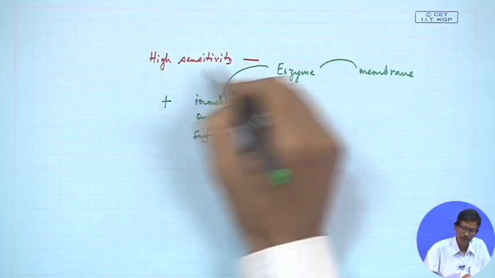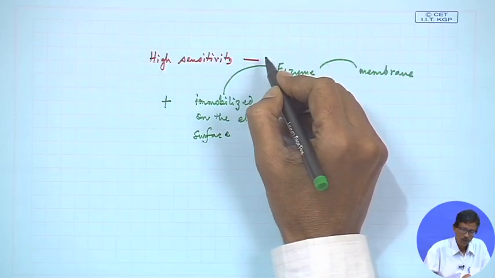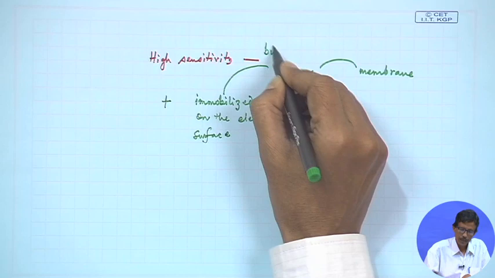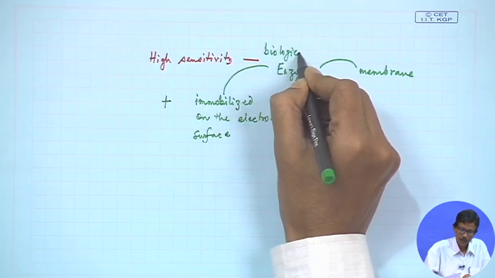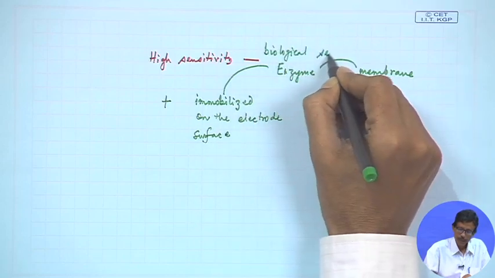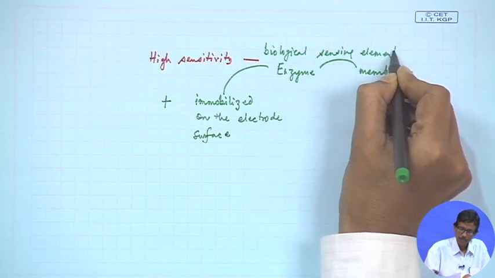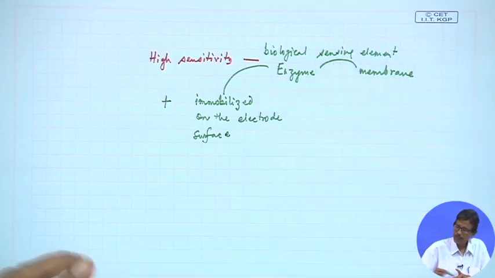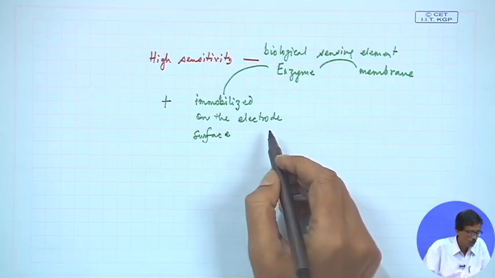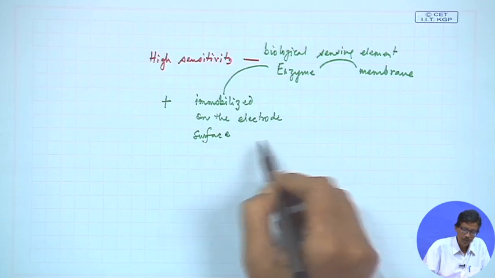We can achieve this high sensitivity by putting in a biological sensing element. That biological sensing element is important to know, which can sense the biological molecules. So, it can be immobilized on the electrode surface.